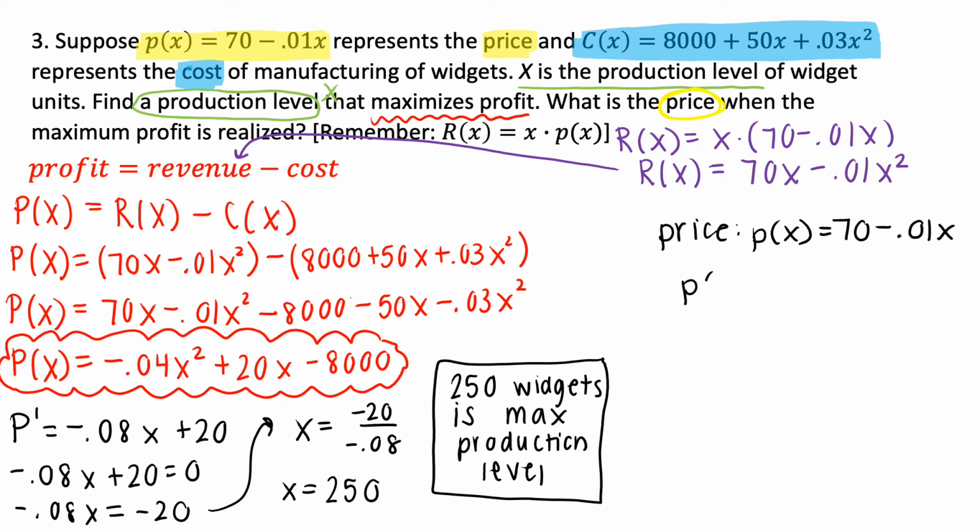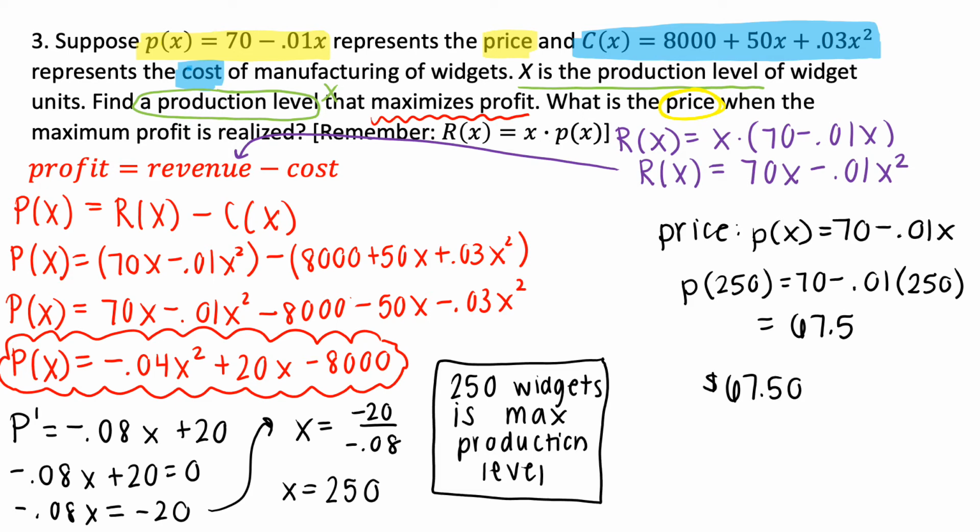And we want to find the price when we're selling 250. So we have 70 minus 0.01 times 250, which gives us 67.5. So we should sell these for $67.50 per widget.